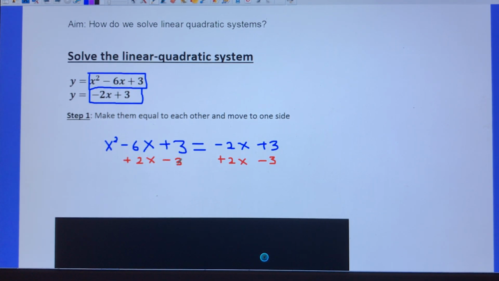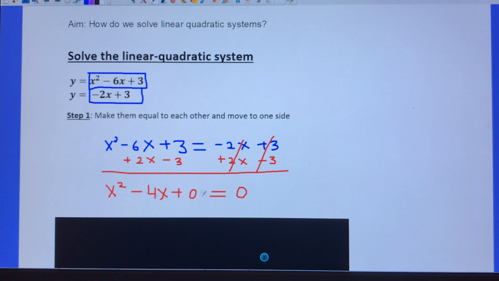You cross these out. This equals 0, and then you're going to have x squared minus 4x plus 0. You can put plus 0 because the c value will be 0.